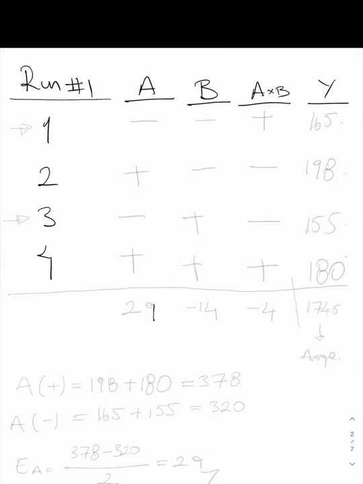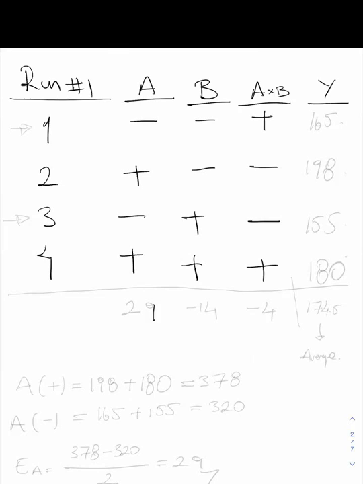Okay, so runs are 1, 2, 3, and 4. Our A's are going to be defined by minimums and maximums, so I will make this as minus, plus, minus, plus, and this will be minus, minus, plus, plus, and A times B is what it is, so it will be minus times minus is going to be plus, plus times minus is going to be minus, minus times plus will be minus, and plus plus will be plus.